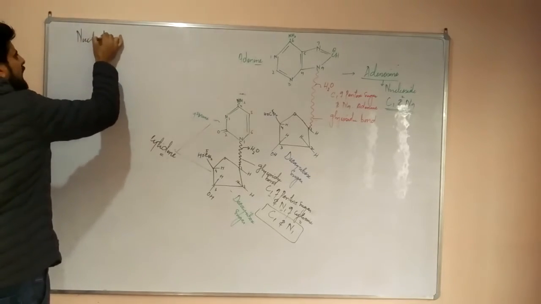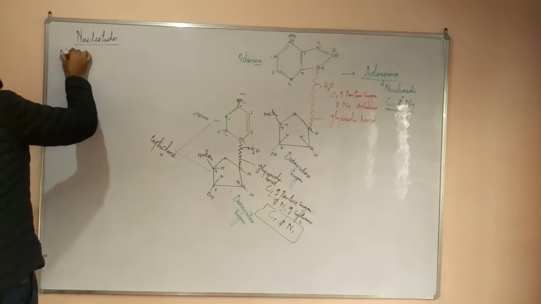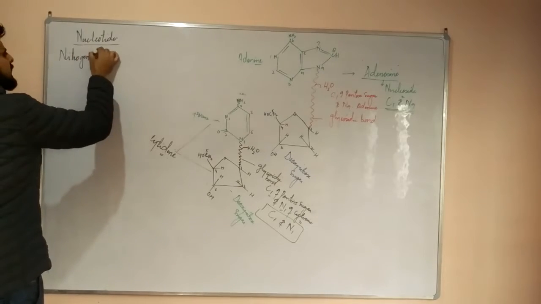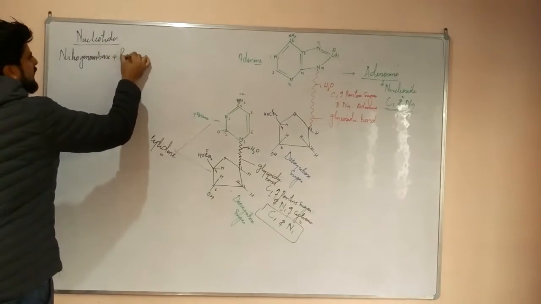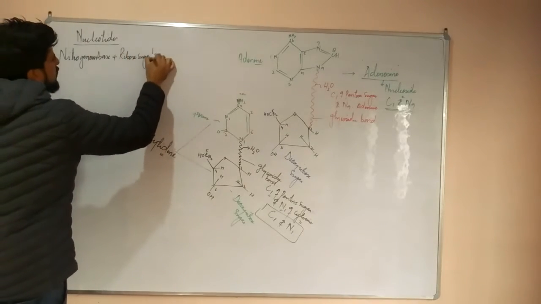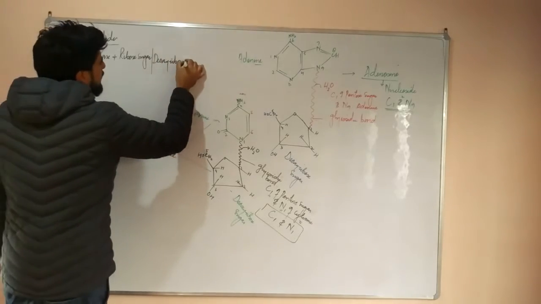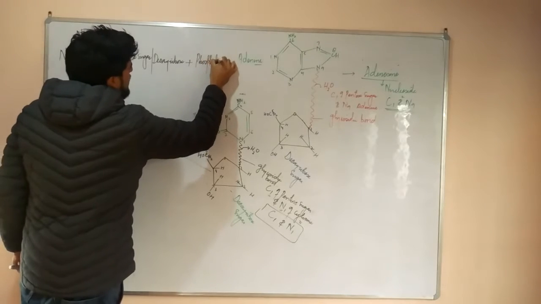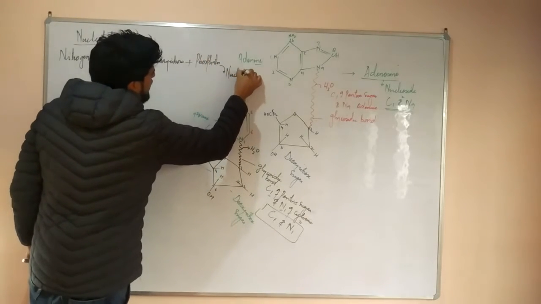In a nucleotide, you have to keep in mind that the nitrogenous base combines with ribose sugar in the case of RNA, and deoxyribose sugar in the case of DNA. When these are combined with phosphates as well, it leads to the formation of a nucleotide.